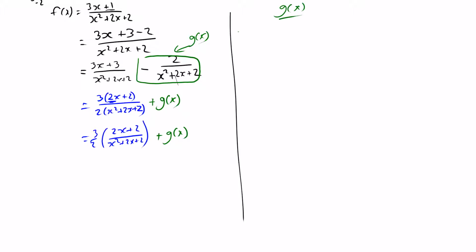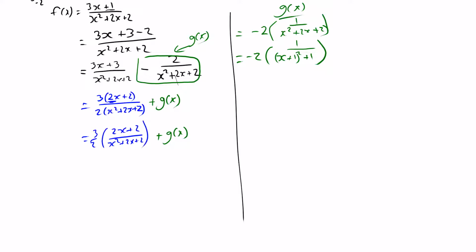So g of x is equal to negative 2 lots of 1 over x squared plus 2x plus 2. So this is a simpler quotient. We haven't got a function on the top, but we have got this annoying quadratic on the bottom. We can't factorize this quadratic, but what we can do is complete the square. Completing the square gives us x plus 1 squared plus 1.